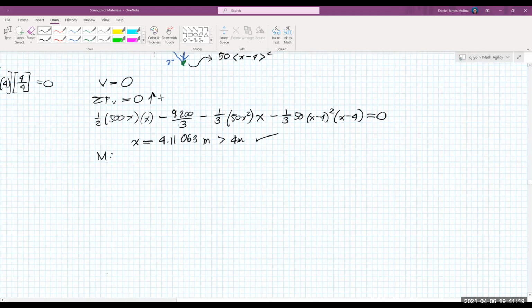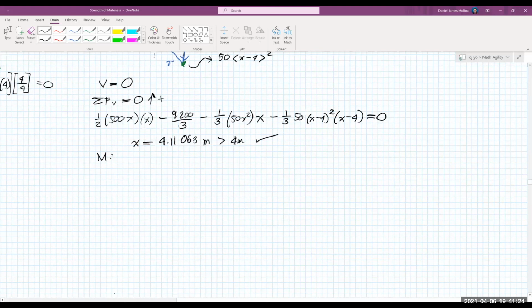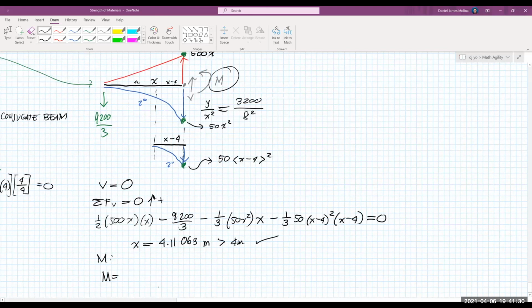So for the maximum moment, let's take the moments first. We have the triangular load, 1/2 times 500x by x, times its lever arm from the point here, x over 3. Then minus 9,200 over 3 times its lever arm x, minus one third of 50x squared by x times its lever arm.